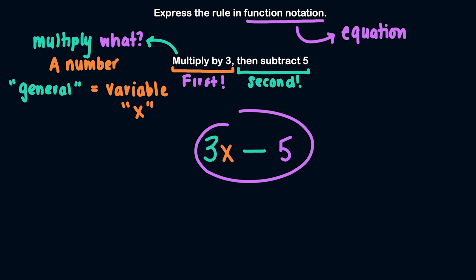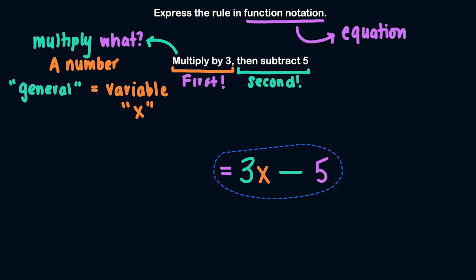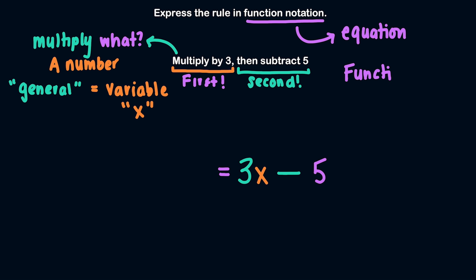We know that this is going to be our expression for now, but let's turn it into an equation. Keep in mind that an expression does not have an equal sign. An equation needs to have the equal sign. So this whole thing has to be the function callout. Now, once again, they did not state what function we should use, right? But we need to say that we have some type of function because that's the rule.